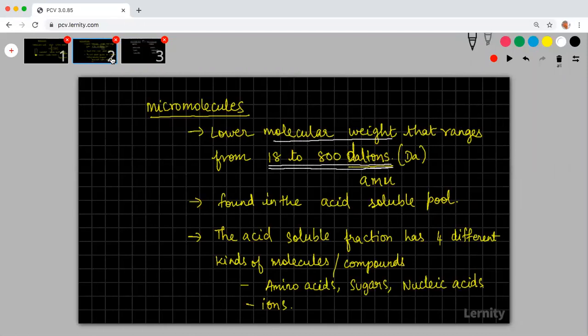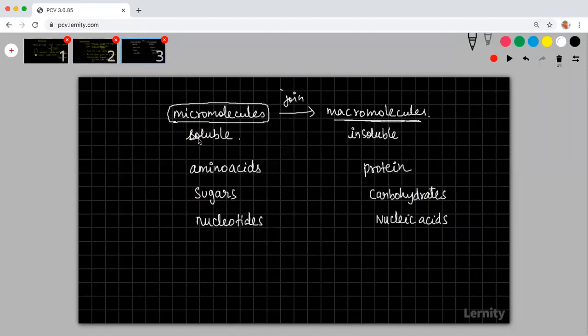Okay, you see here, I have made a mistake. You should cut this off and write nucleotides. Okay, and then you have fatty acids, glycerol, and lipids, which will all come under this part.